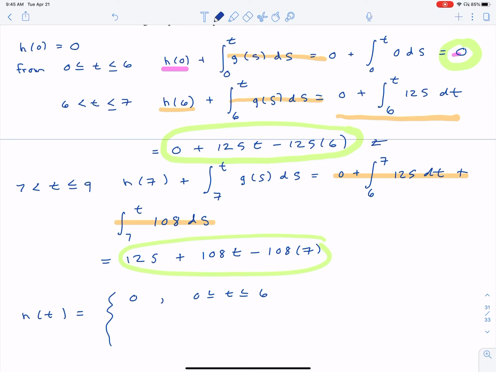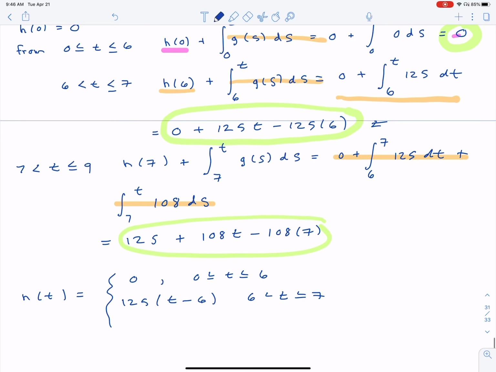I'm going to simplify that just a little bit, so that's going to be equal to 125. I could keep it the way it is, but I think it's a little bit easier to read. And that's going to be from time 6 to time 7.